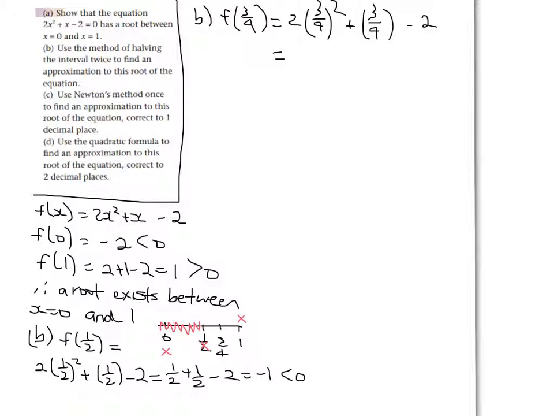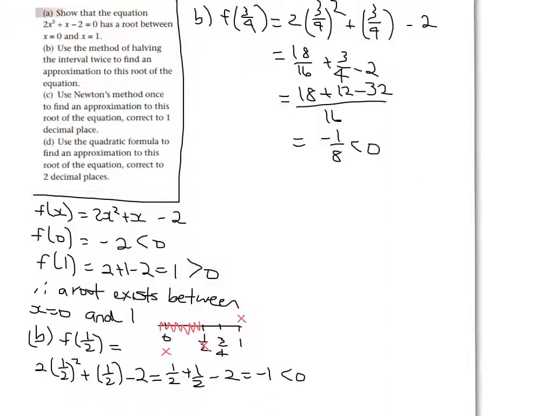So that's 9 on 16, so that's 18 on 16 plus 3/4 minus 2. Get a common denominator. So that's 18 plus 12 minus 32. That's negative 2, so that's negative 1/8. So that's less than 0. So negative 1/8 at 3/4 is there.